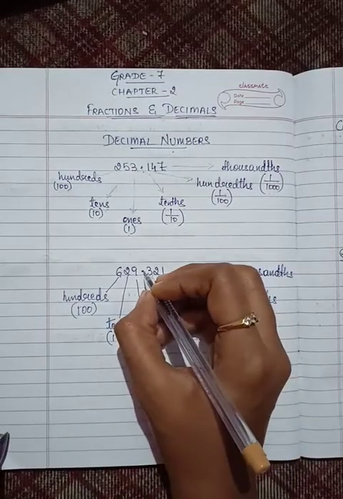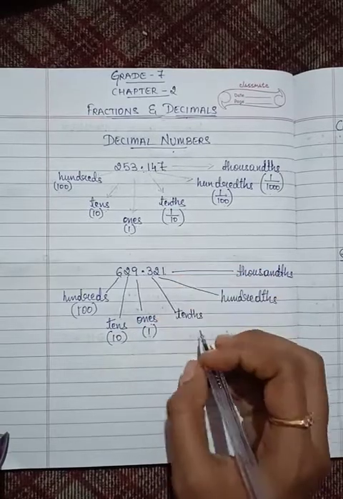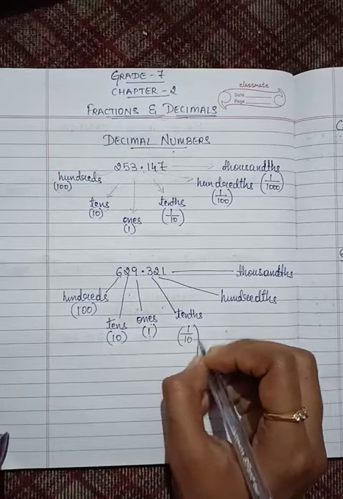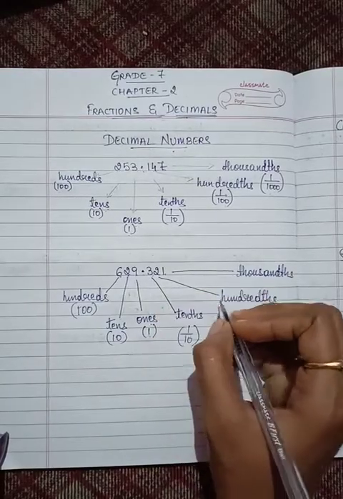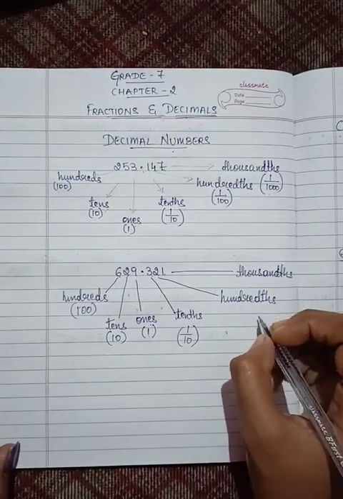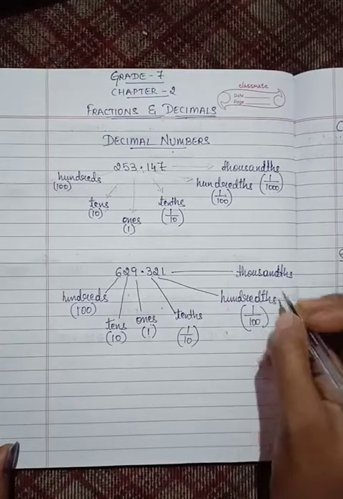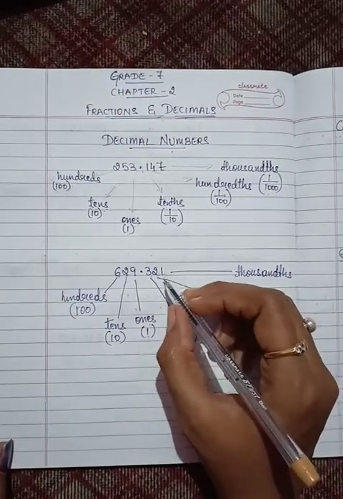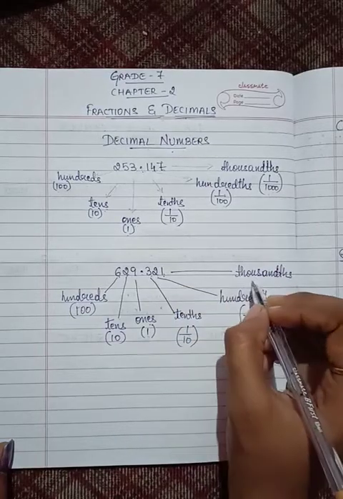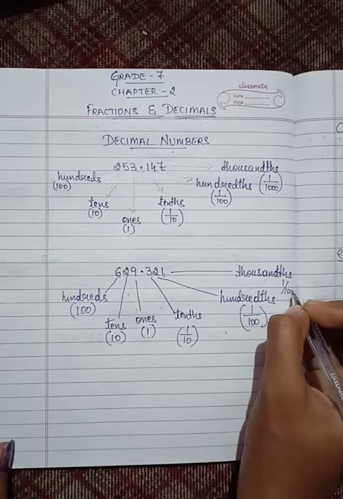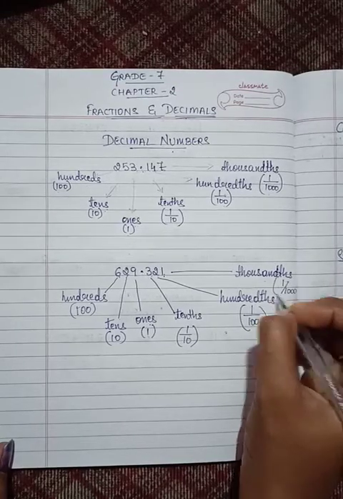After the decimal point, 3 is in its tenths place, which is denoted by 1 by 10. 2 is in its hundredths place, which is denoted by 1 by 100. And lastly, 1 is in its thousandths place, which is denoted by 1 by 1000.